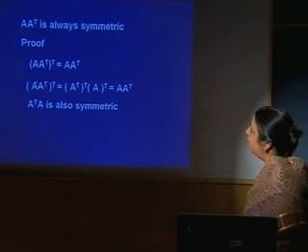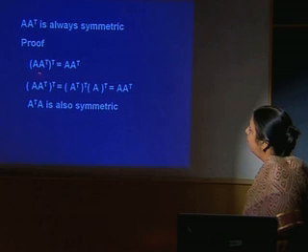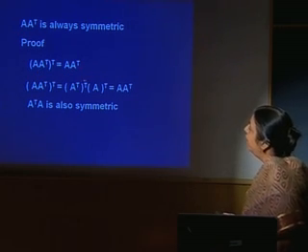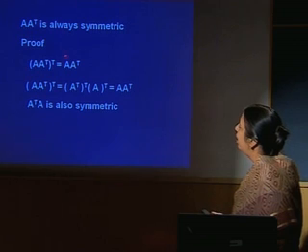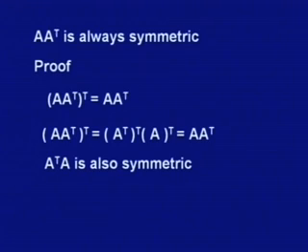This is the B matrix, this is AB, so this is B transpose A transpose. So, I have A transpose transpose and A transpose, but I have already proved that A transpose transpose is nothing but A. So, this multiplication is nothing but A A transpose. So, the transpose of A A transpose is the same as A A transpose, and that is the basic property of symmetric matrices, and hence we can say that A A transpose is a symmetric matrix.